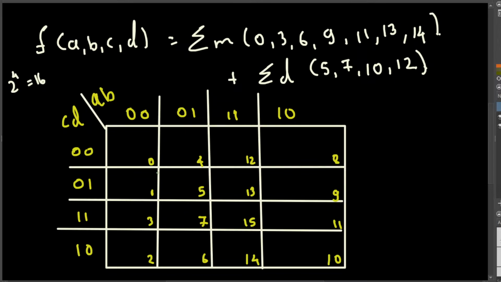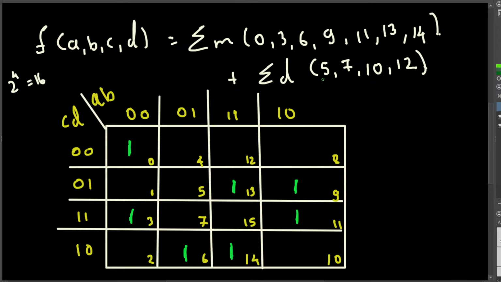Okay, let's see if we have all the numbers: 0, 1, 2, 3, 4, 5, 6, 7, 8, 9, 10, 11, 12, 13, 14, 15. So we have all the numbers. Now let's plug in the locations. From the given information, the min terms are at 0, so at 0 we have a 1, at 3 we have a 1 right here, and then at 6 we have a 1 right here, and then at 9 we have a 1, and then 11 we have a 1, 13 we have a 1, 14 we have a 1.